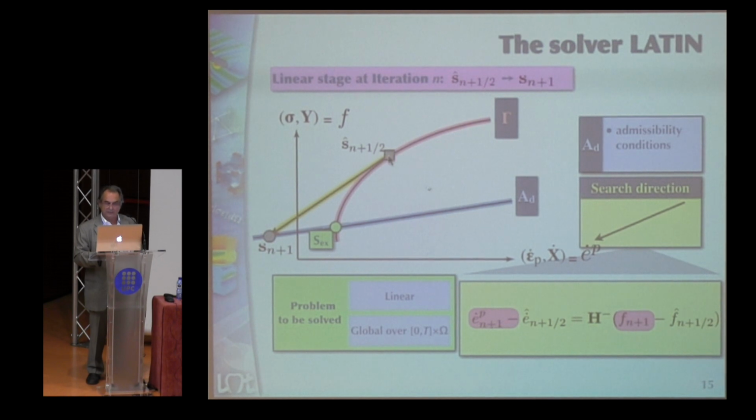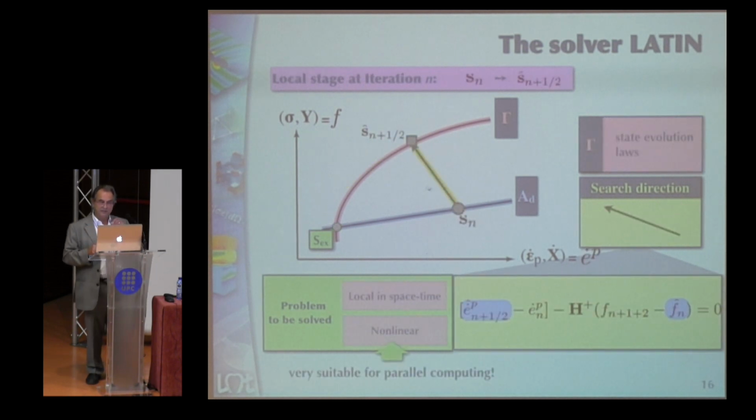Here it is a kind of Newton technique. And the operator capital H, which is here, is associated to this tangent. And we are computing the red quantity. The problem that you have here is linear and also global over the time-space domain. The second stage is defined here, where we know this point and we want to determine this one, and this one should satisfy the state evolution law.